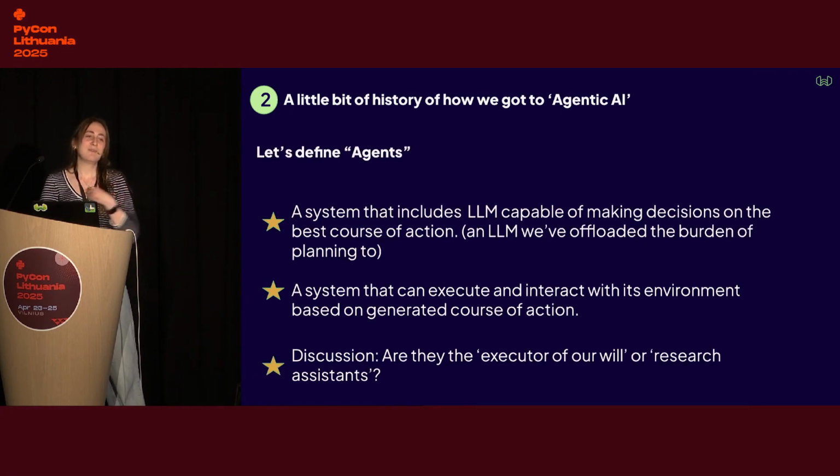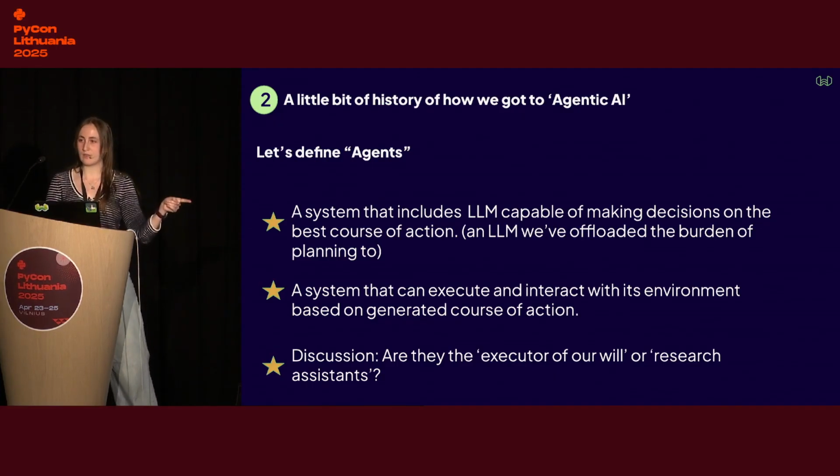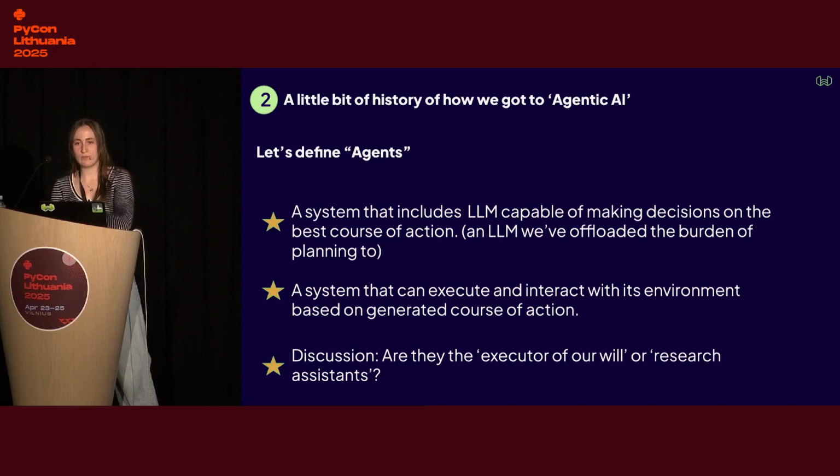So this is my definition of agents. And if I were to narrow it down in 2025, what we would call agentic AI, I would say that it's a system that includes a large language model capable of making decisions on your behalf. So remember that user who was saying, oh, I should go to GitHub issues and I should go to Weaviate docs, etc. The whole idea is, why don't we offload that burden of making the decision to the language model itself?